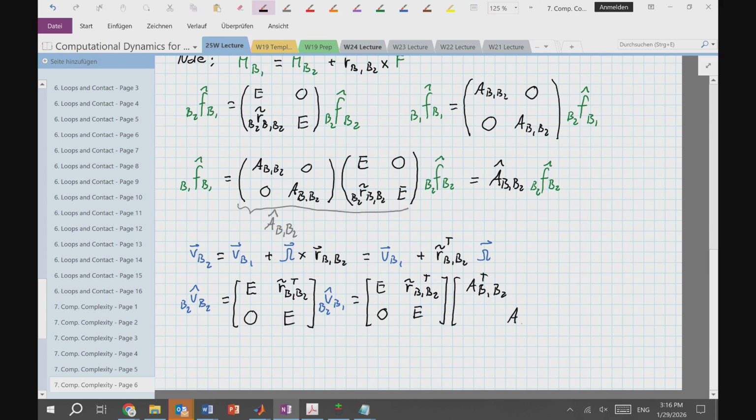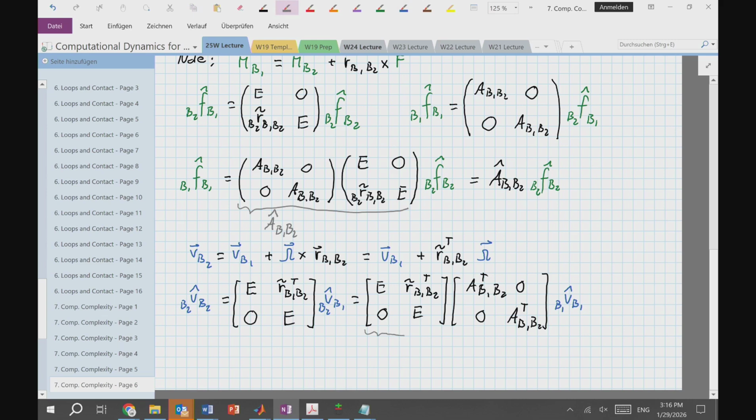So what I want is AB2, B1, but these are orthonormal matrices, so I can just write the transpose here. And then multiply this with my velocity of point B1 expressed in B1 coordinates.